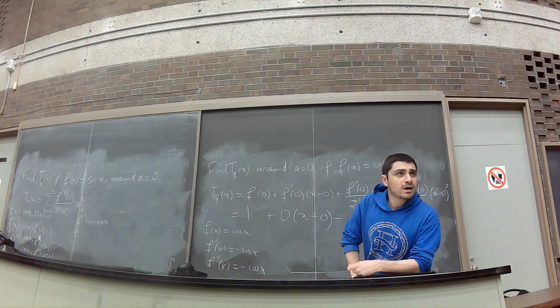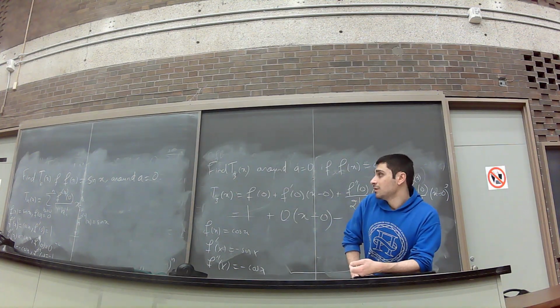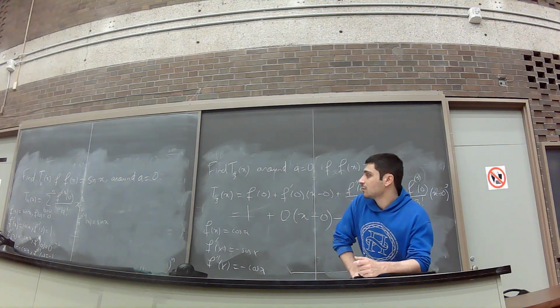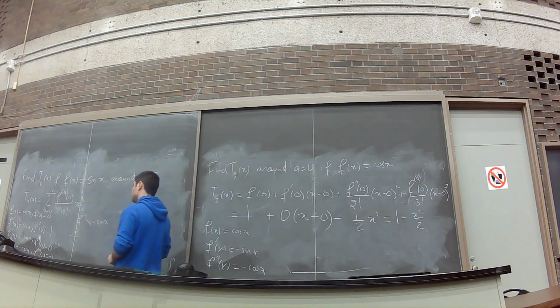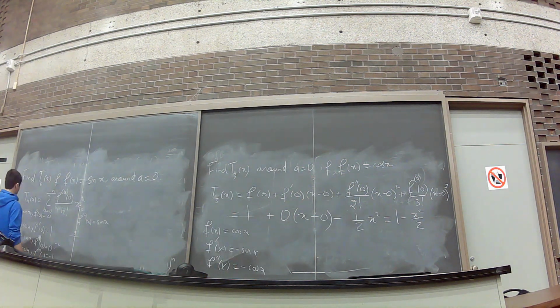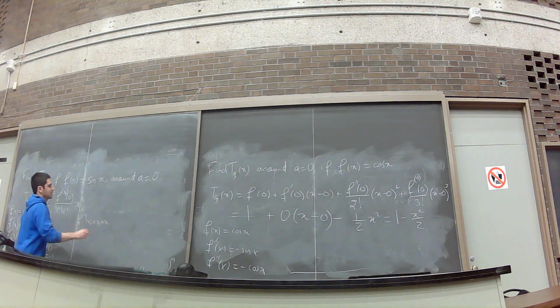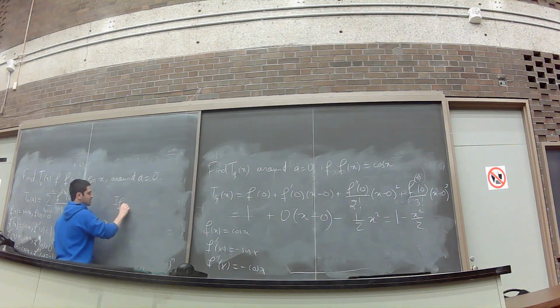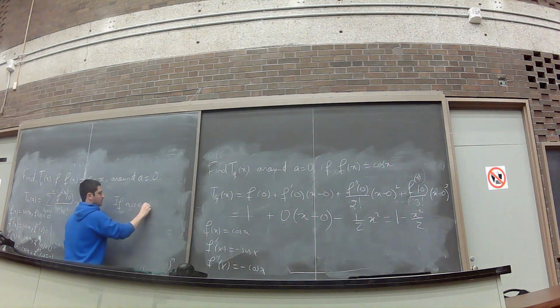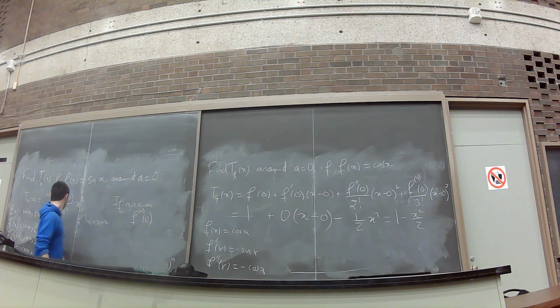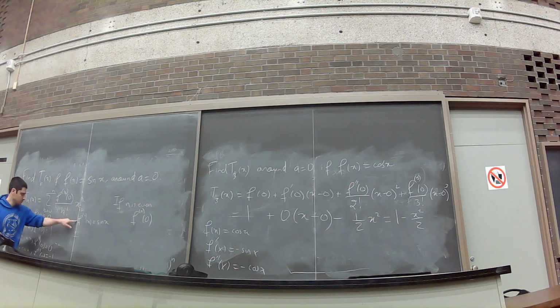if n is even, let's start with the even case, what is fn of 0? 0, right? 0, 0, 0.